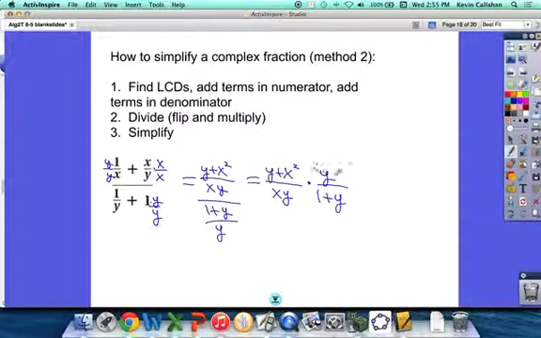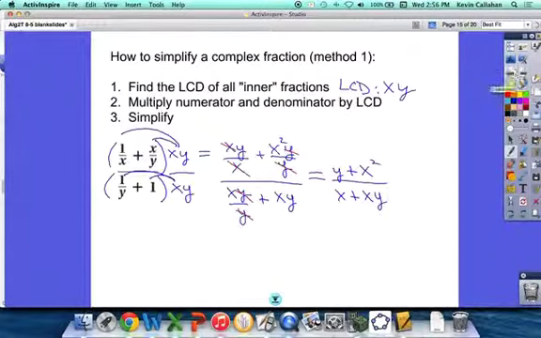How about this y cancels with this y? What does that leave us? y plus x squared over x times 1 plus y, which is x plus xy. Same thing.